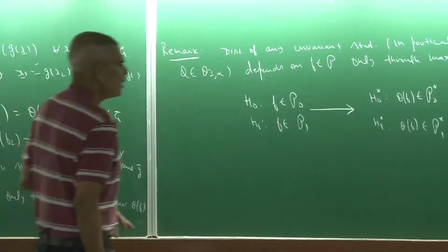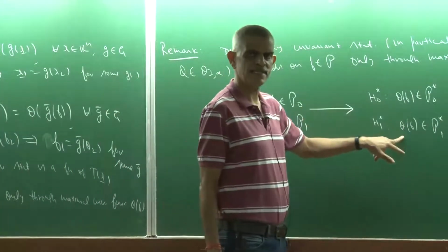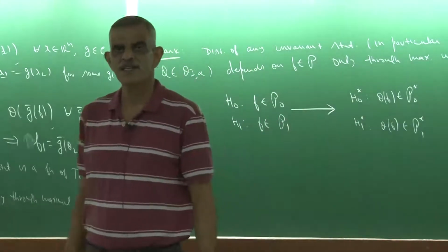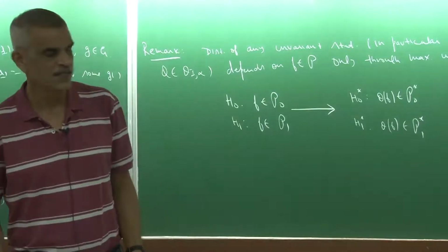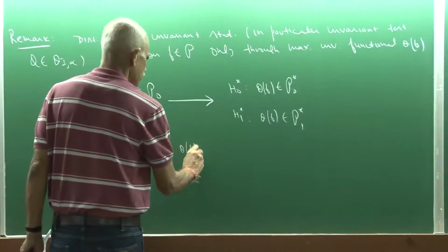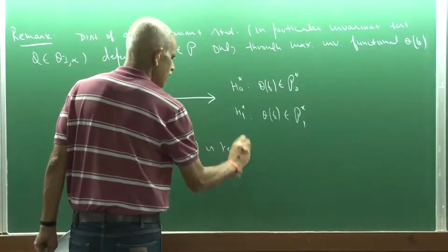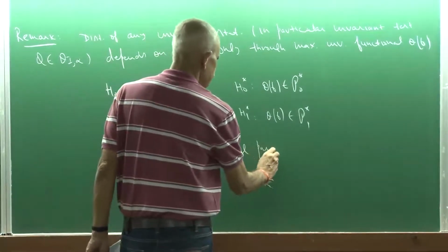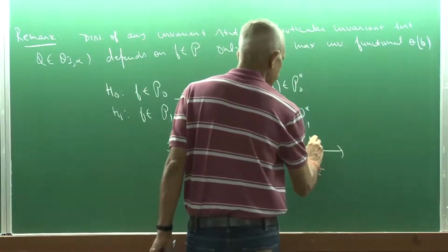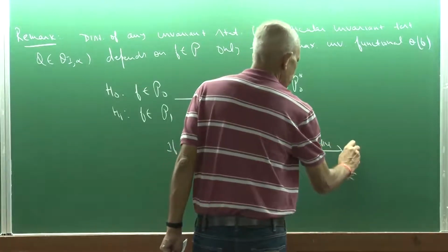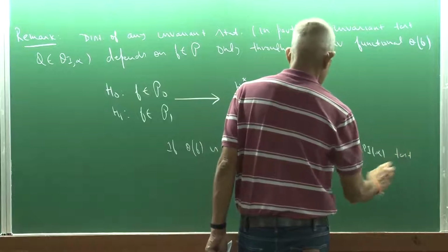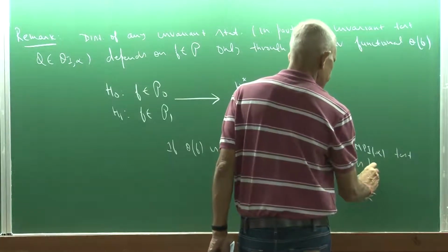And once I have written down the hypotheses in that sense, in many situations this theta f may turn out to be a real parameter. So, if theta f is a real parameter, finding a UMPI alpha test is possible.